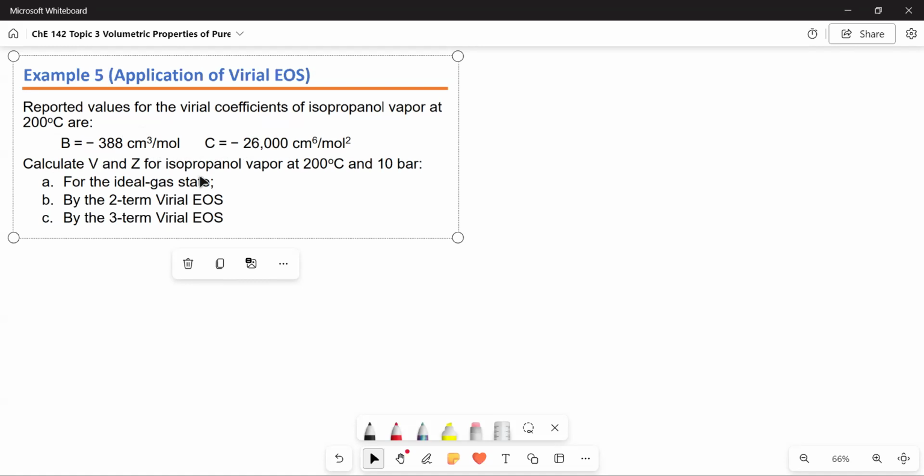The required is to calculate the volume and compressibility factor for isopropanol vapor at 200 degrees Celsius and 10 bars using first the ideal gas state, next the two-term virial EOS, and finally the three-term virial EOS. Let's begin by writing the given in the problem.